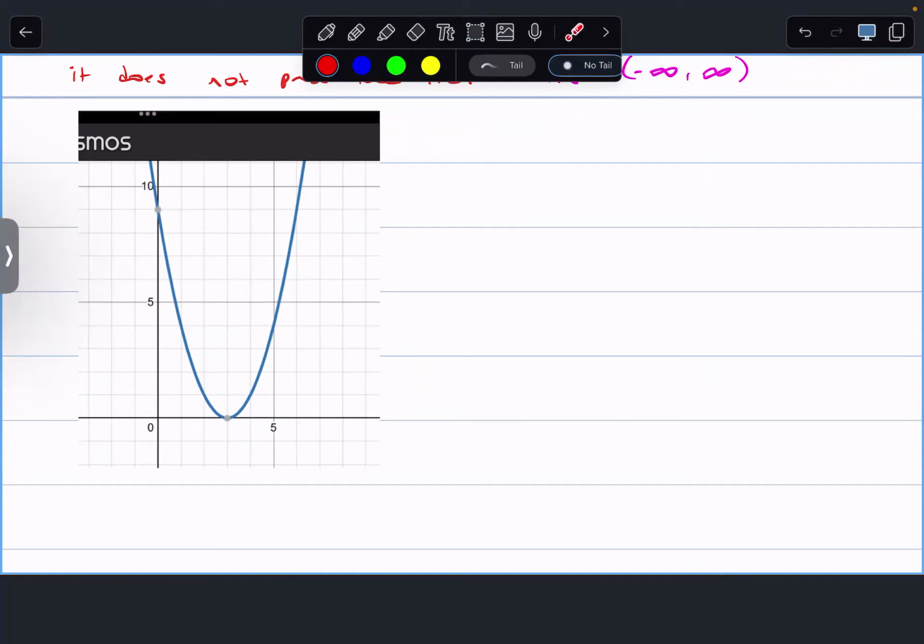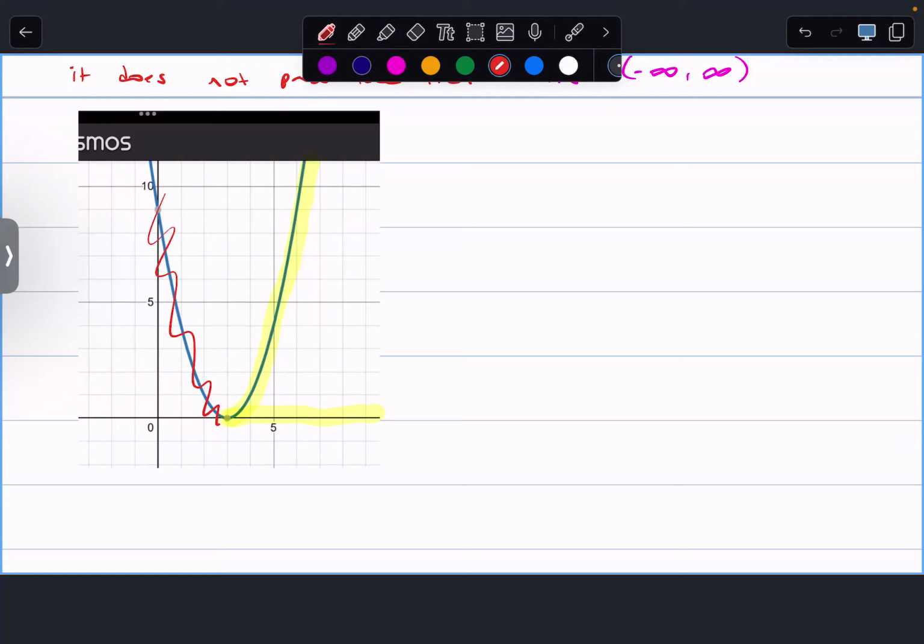So if you had to restrict the domain so that it is one-to-one, there's actually lots of options. I think my go-to move is just restricting it to these values of x, any x greater than or equal to 3. If I ignore all this, then it's one-to-one on this restricted domain.